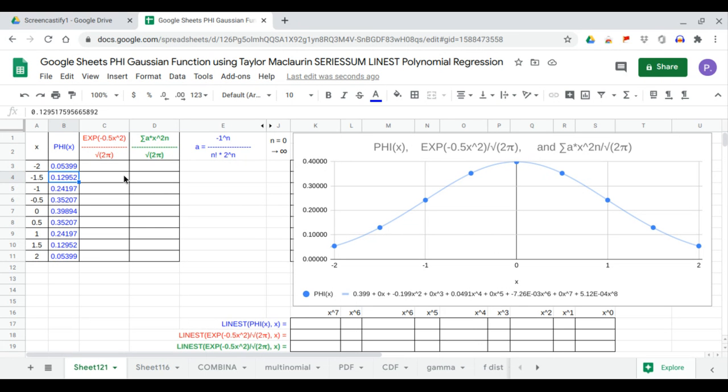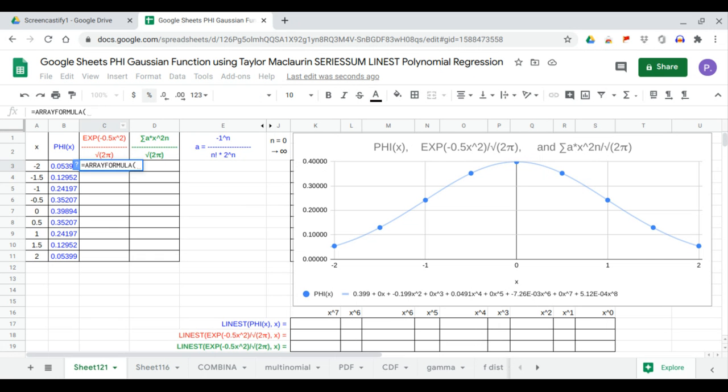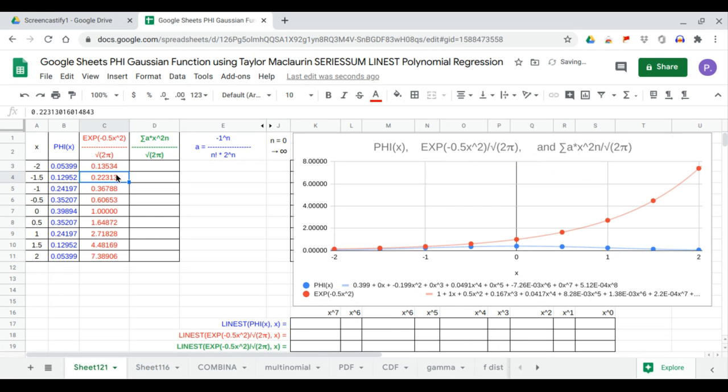And we generate the exponential form of this. But first, we generate the Gaussian function, which is equal to array formula exponent of the x values. And we factor in the 0.5 and square.